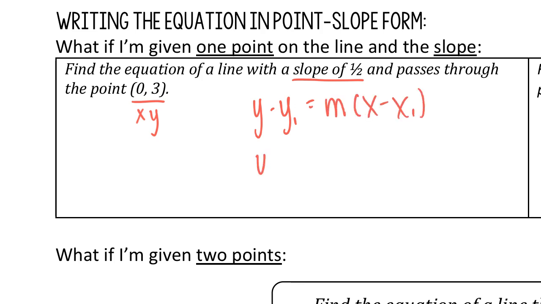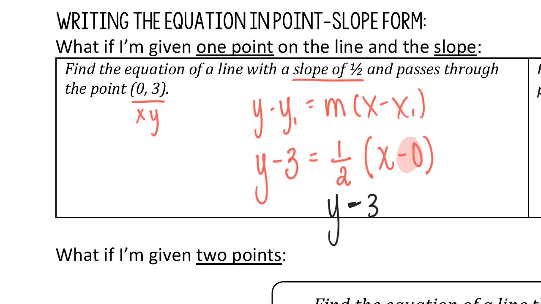So we would have y minus your y value equals your slope times the quantity of x minus your x value. Now, you see how this says minus 0? It's really no use writing that. Another way you can write this equation of a line is y minus 3 equals 1/2 x. Both of those are fine.